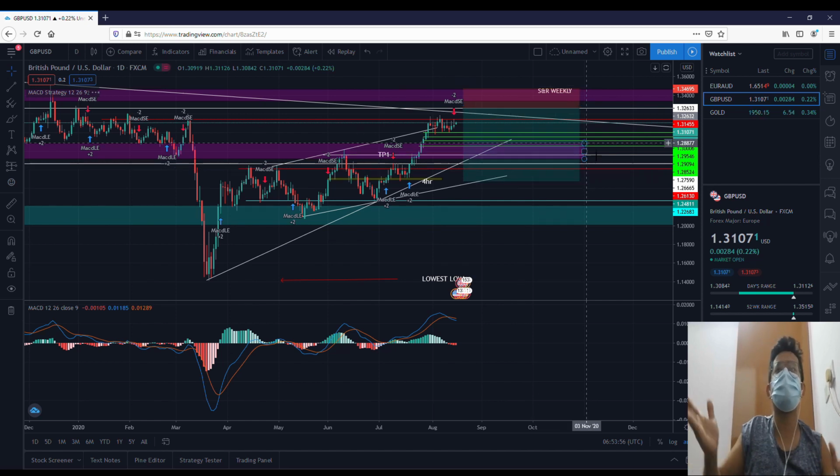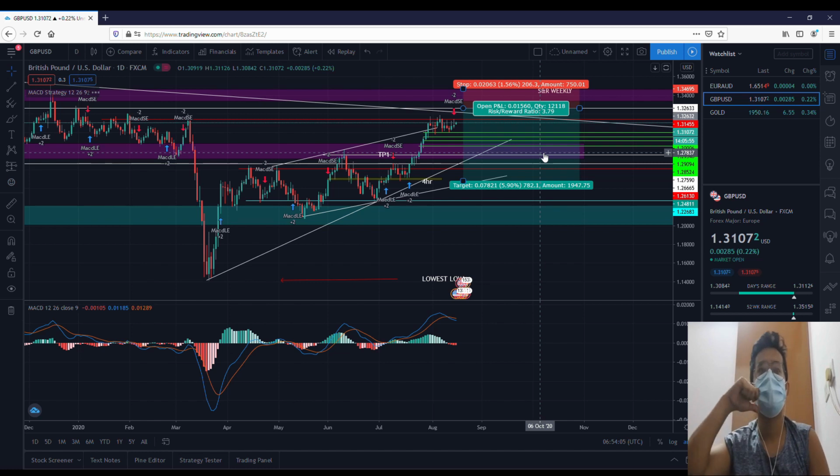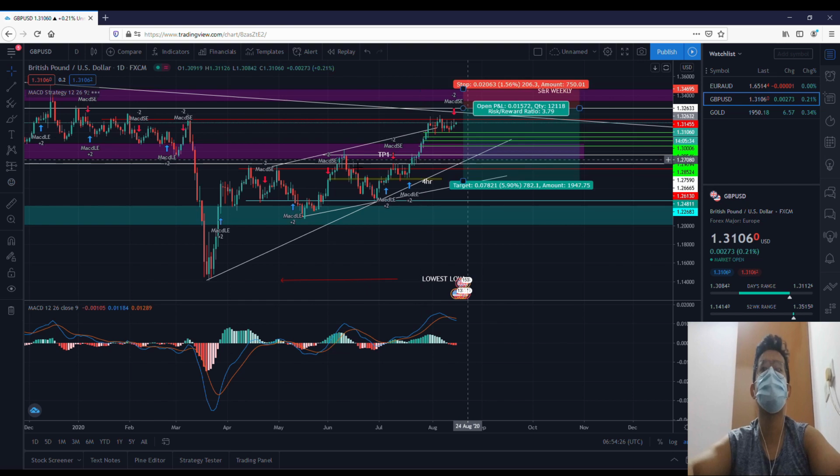That's for GBPUSD. I hope you guys just see how it goes for the market. It might be very confusing, because you might think, he has all this purple stuff, I don't know what that is, there are too many trend lines, too many horizontal lines, and he also has this indicator which is useless.